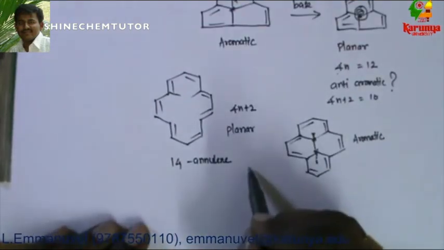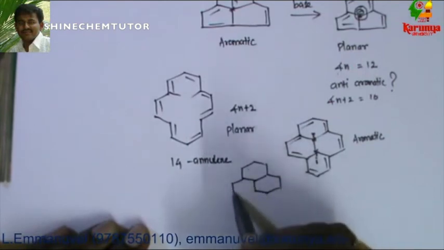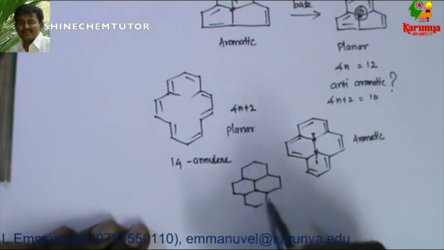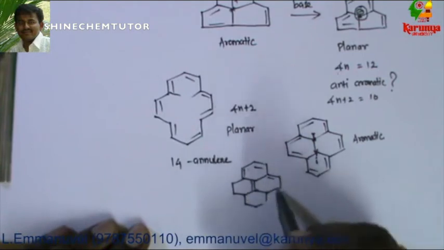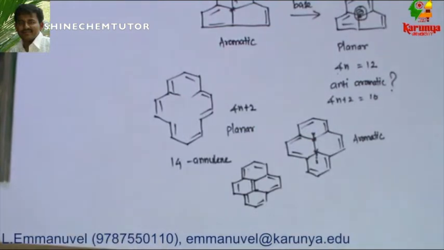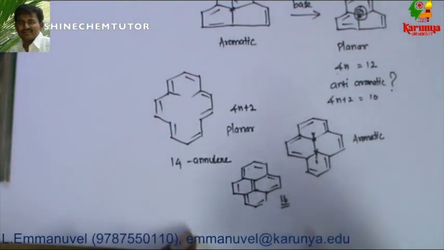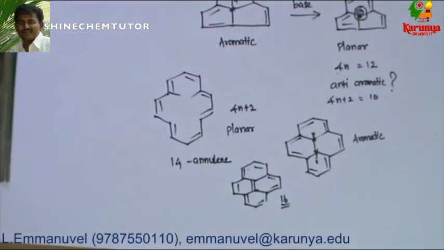Another interesting example is this compound. Instead of these 2 methyl groups, I have a double bond. What about this? If you count the number of pi electrons, it will be 16. Is it anti-aromatic?